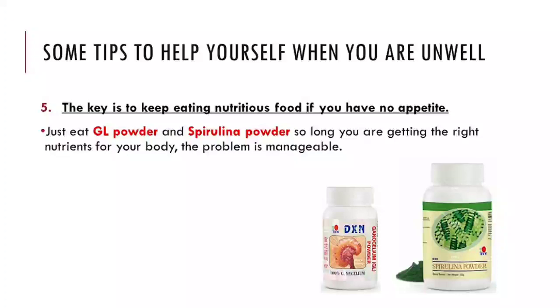So of course, some of you prefer to choose other kinds of rainbow color. Maybe you prefer cordyceps powder. Okay, it's very nutritious. You can mix it with GL powder and some spirulina powder and take it to improve your immunity. At the same time, although you are not eating, your immune system can be maintained at optimum level.